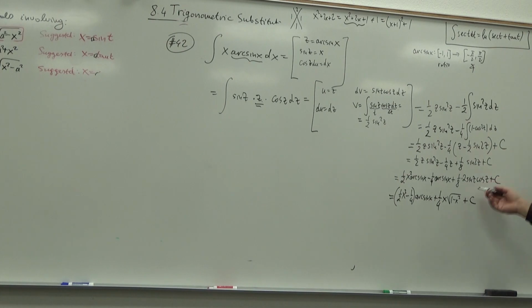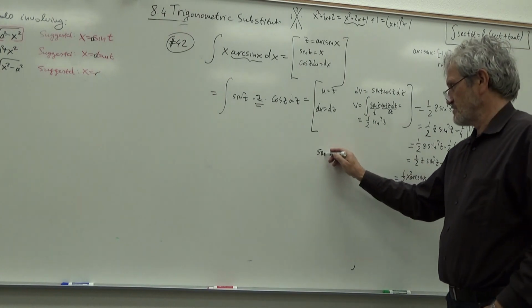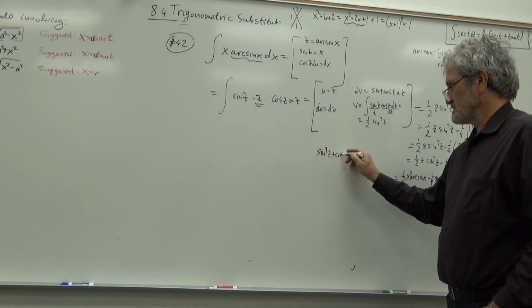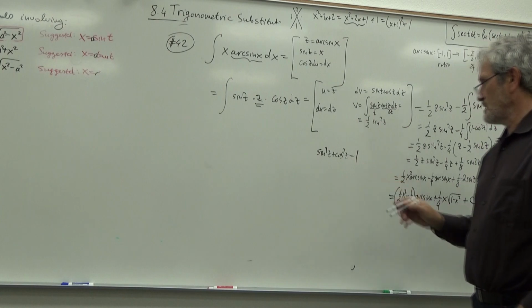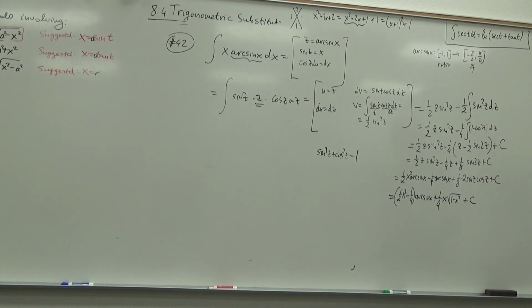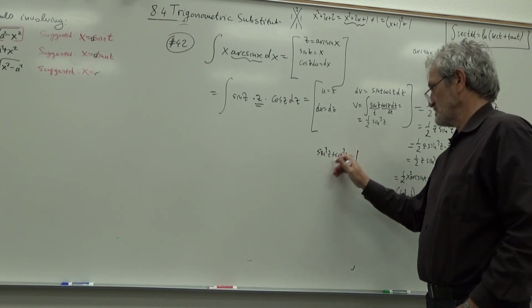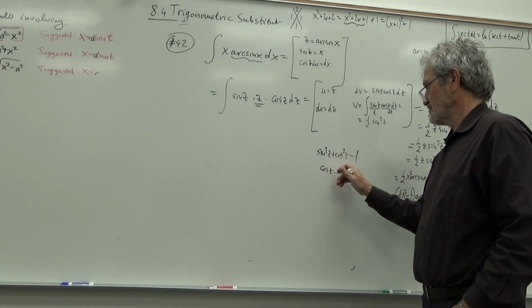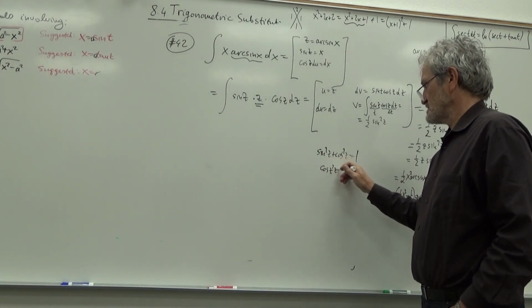I know that sine squared plus cosine squared is 1, or I can do a triangle either way. So what I use here is sine squared z plus cosine squared z is 1. So generally, since sine z is x, then what?